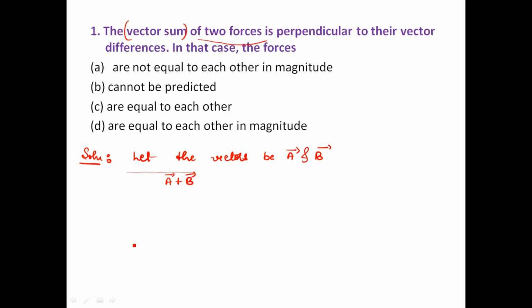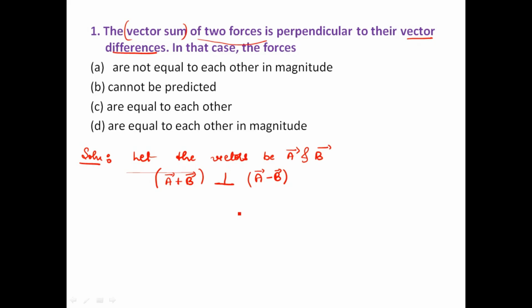That is why I have written it as vector A plus vector B. It is perpendicular to the vector difference, which I'll write as vector A minus vector B. Sum of vectors is perpendicular to difference of those two vectors.